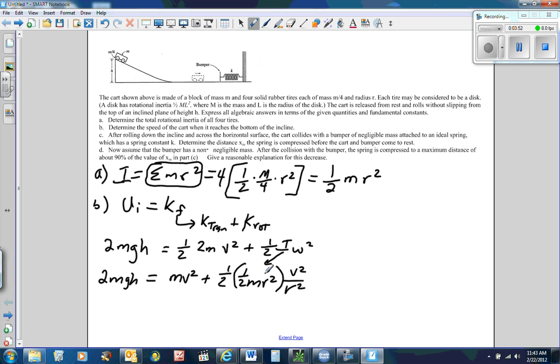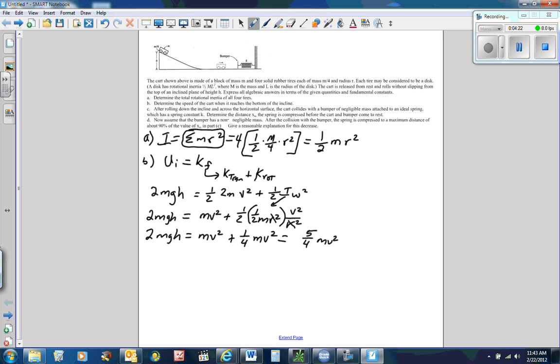All right, so this r divides out with that r, and then 1/2 times 1/2 is a 4, so we end up with 2mgh equals mv squared plus 1/4 mv squared, and that's going to equal what, 5/4? Yeah, 5/4 mv squared. Extend the page a little bit.